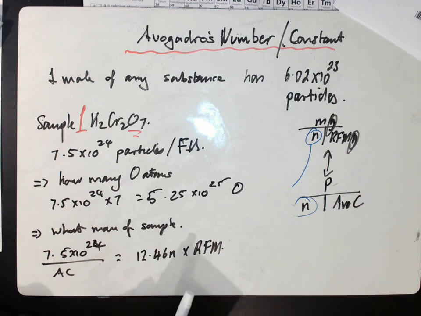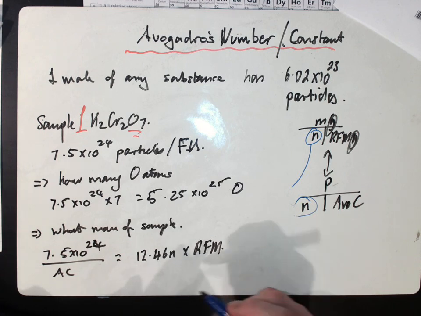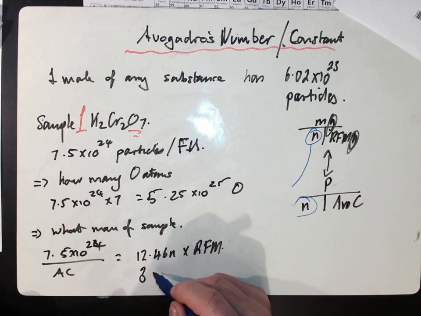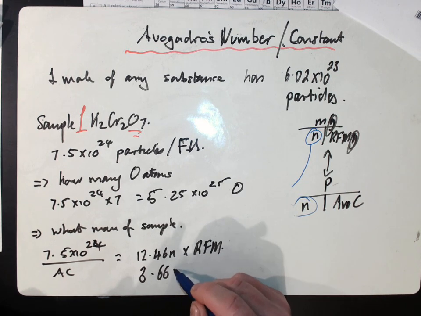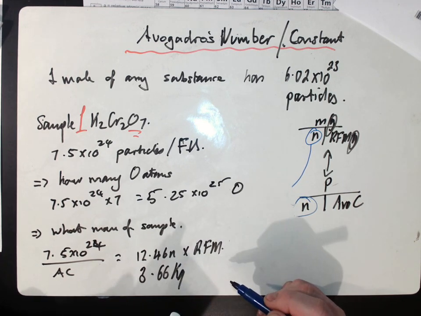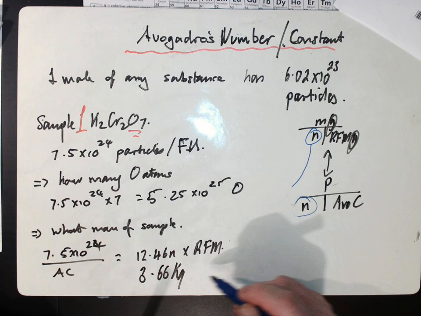Alright, so that gives me, multiplied by, I'll just do this, plus 39 plus, okay, and if I punched everything into my calculator right there, I would get 3.66 kilograms, 3,662 grams is what I have.